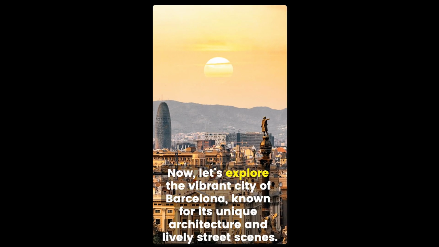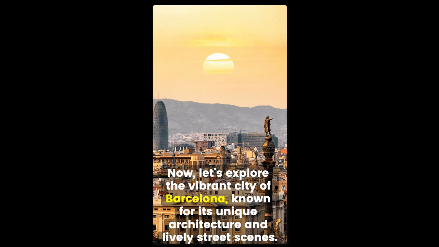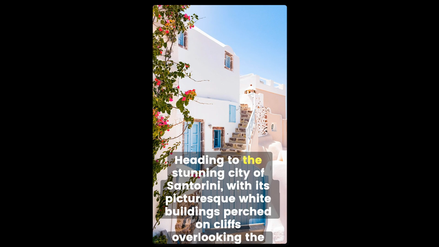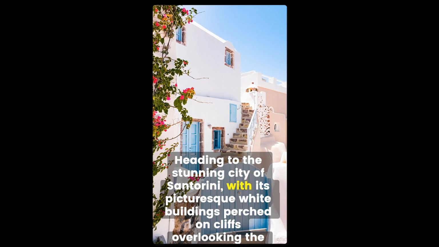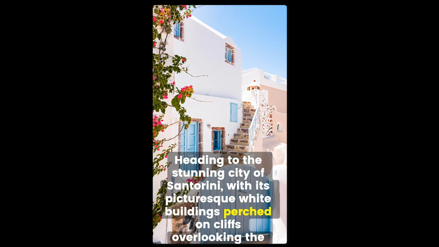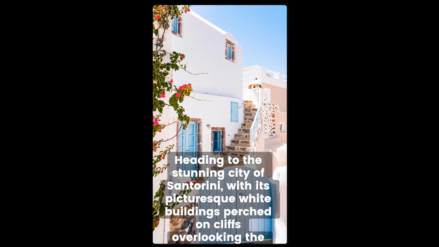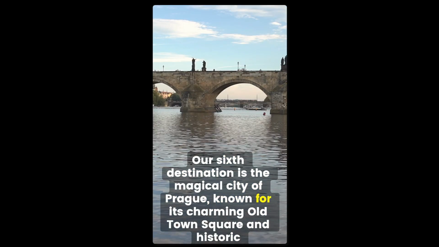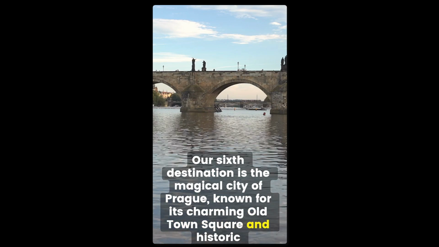Now, let's explore the vibrant city of Barcelona, known for its unique architecture and lively street scenes. Heading to the stunning city of Santorini, with its picturesque white buildings perched on cliffs overlooking the Aegean Sea. Our sixth destination is the magical city of Prague, known for its charming old town square and historic architecture.